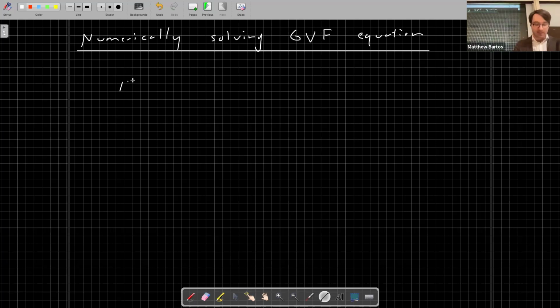So let's say we have our diff EQ. We have dH by dx is equal to the bottom slope minus the friction slope, all divided by 1 minus the Froude number squared.